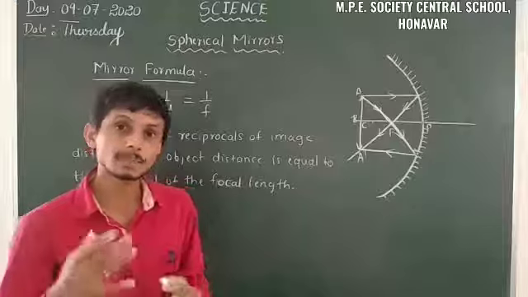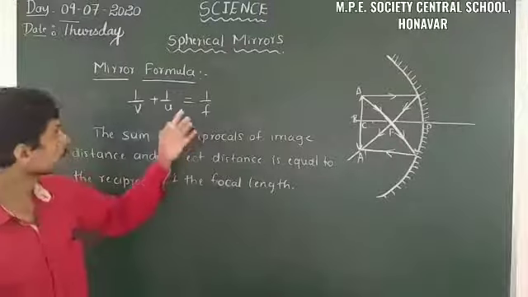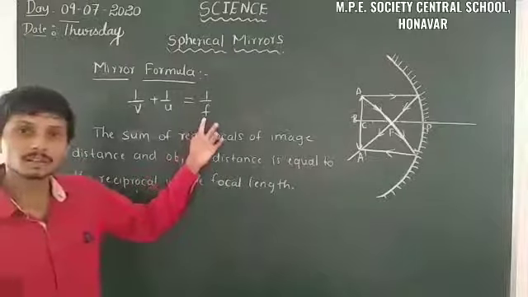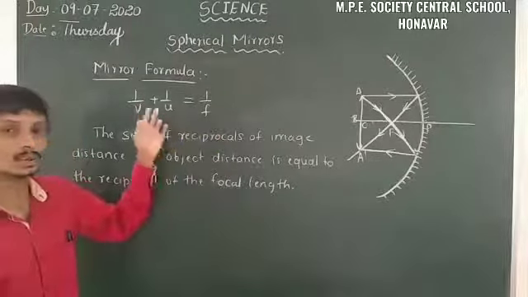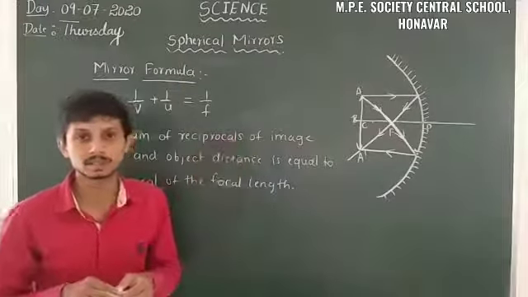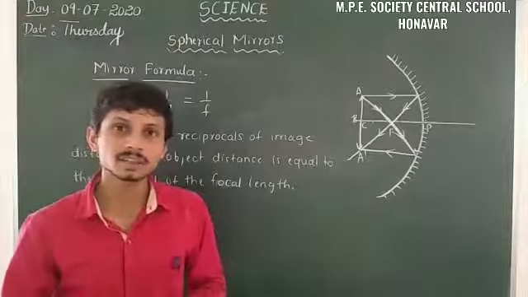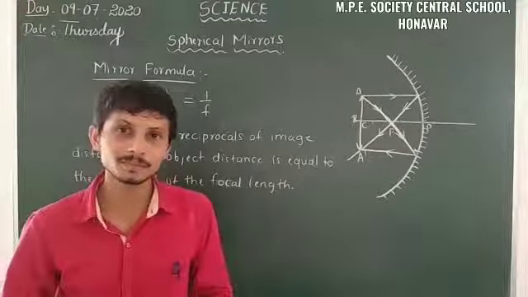If we don't know the focal length, but we have the object distance and image distance, we have to find the focal length here. So this is about the mirror formula. Let us now introduce another quantity, that is magnification.